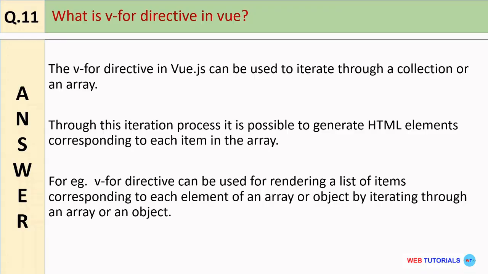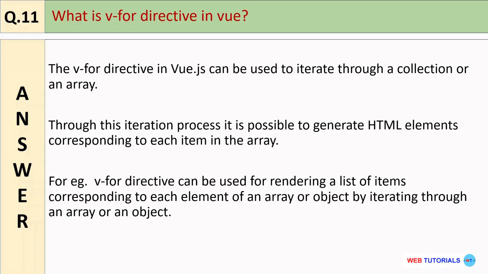What is v-for directive in Vue? The v-for directive in Vue can be used to iterate through a collection or an array. Through this iteration process, it is possible to generate HTML elements corresponding to each item in the array.